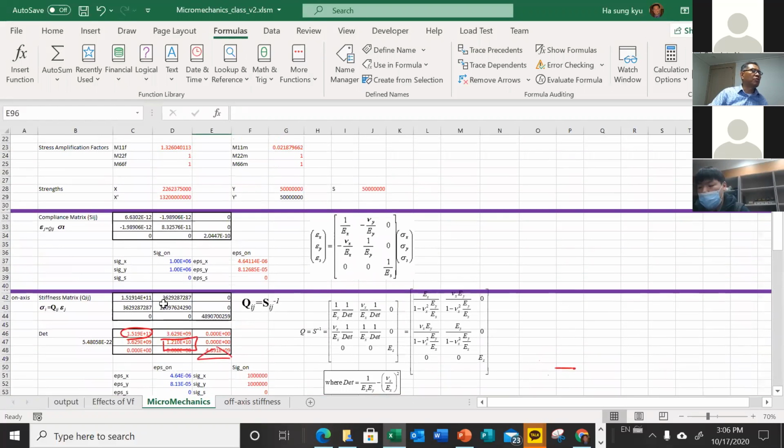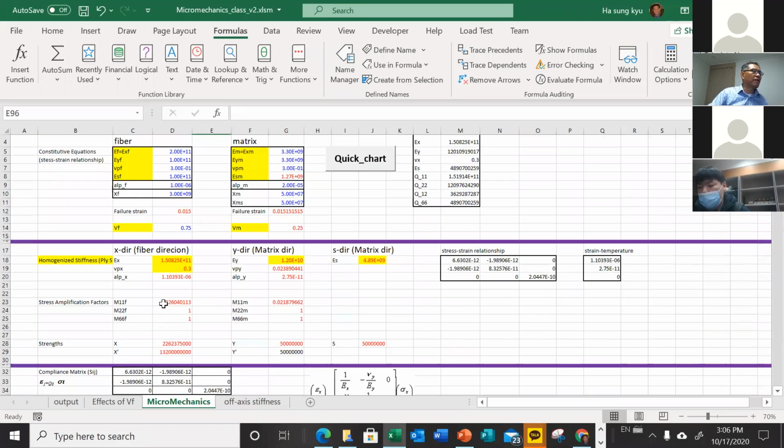And please remember that all the stiffness matrix is defined from this on axis. It's EX and EY and the S and Poisson's ratio.